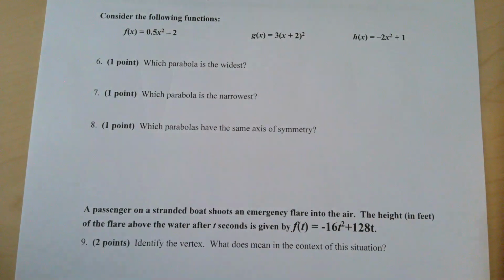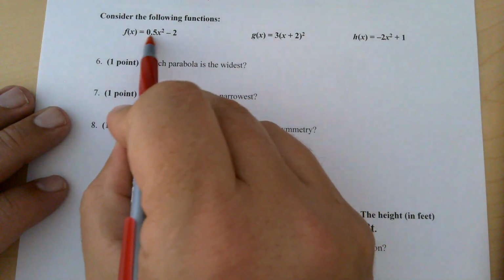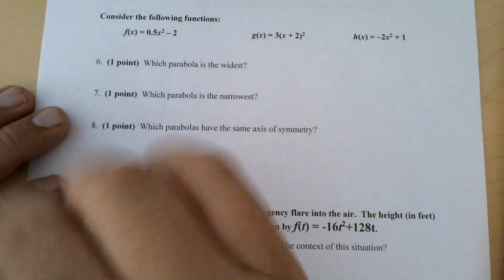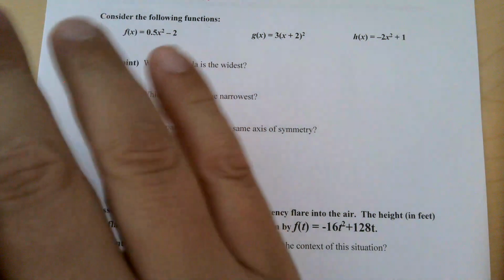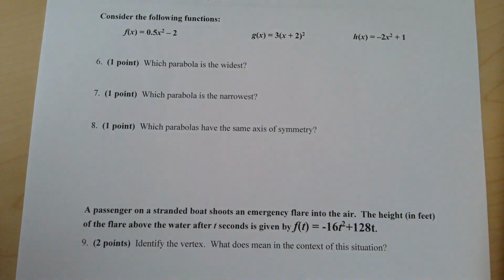Okay. This next part, I just want you to be able to compare these graphs. You could type all of them into your calculator, but I know the widest graph is going to be the one that has a value in front that's closest to 0. A fraction between 0 and 1 is a shrink, which makes the graph wider.